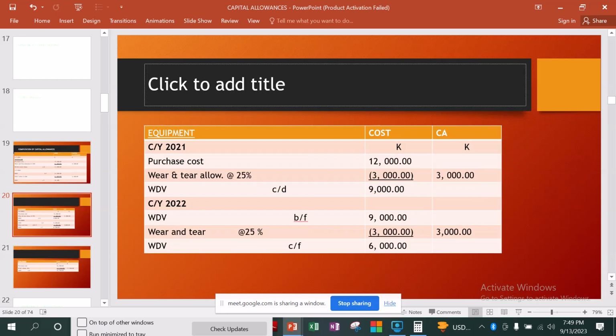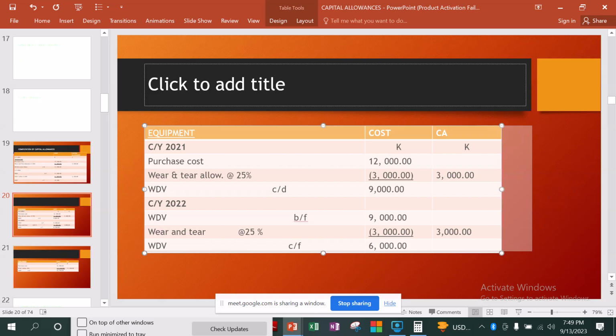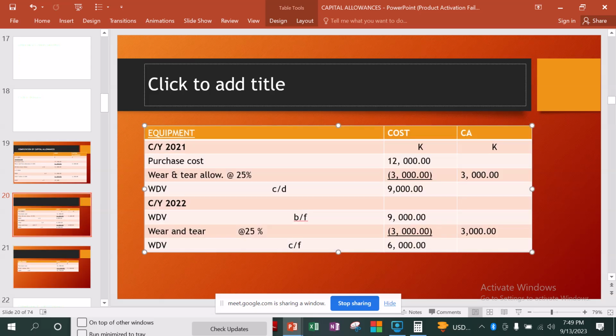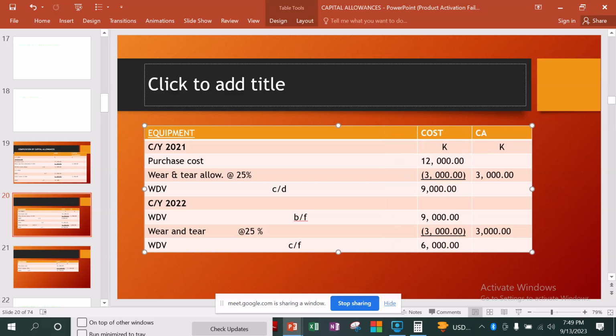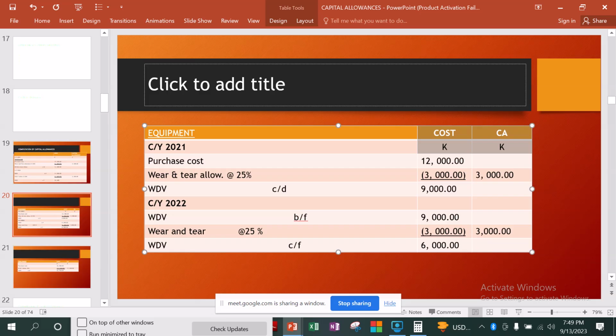For equipment, we have that one. Just to make it neater, put it this way.